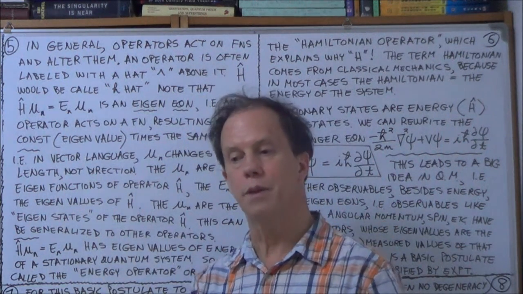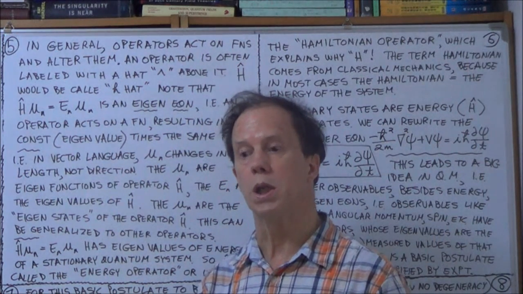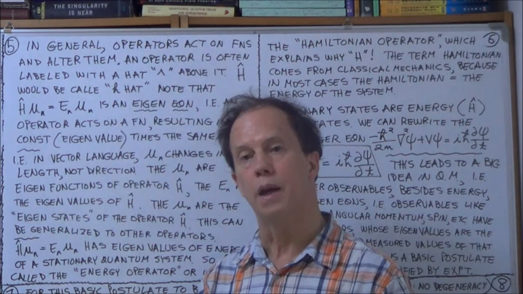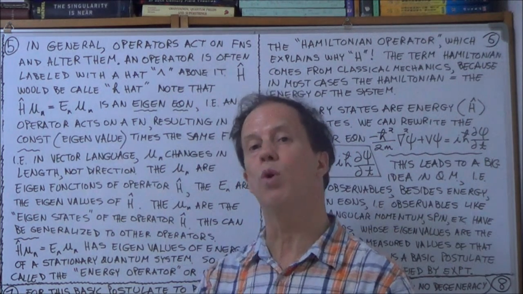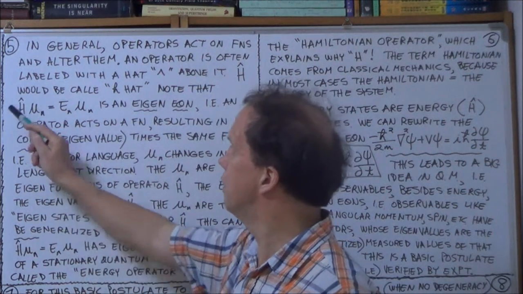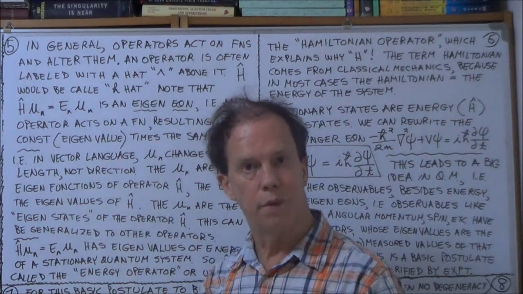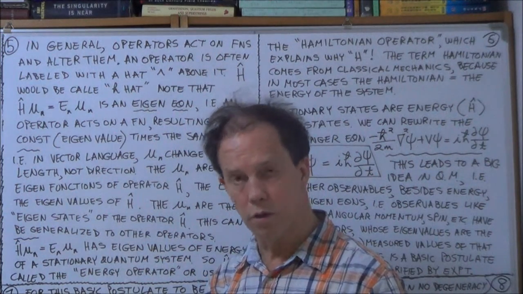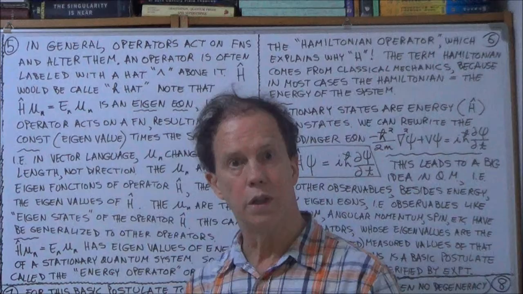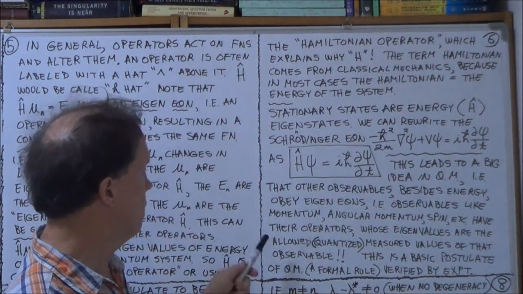Next chapter, Chapter 7, will be about angular momentum and spin. So we'll have two more observables that use this kind of Eigen equation type thinking. It's a really big, really important idea.